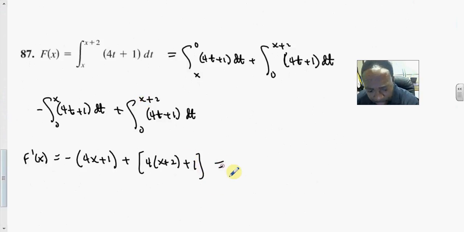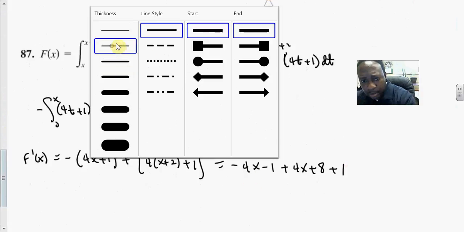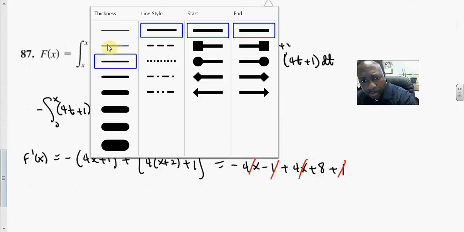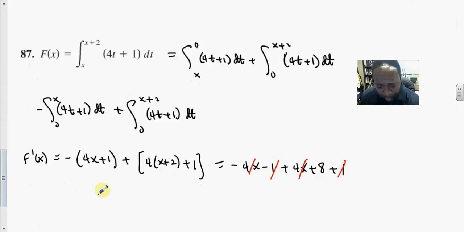And so now all we're doing is simplifying. This is negative 4x minus 1 plus 4x plus 8 plus 1. And so they cancel, and we have left 8.